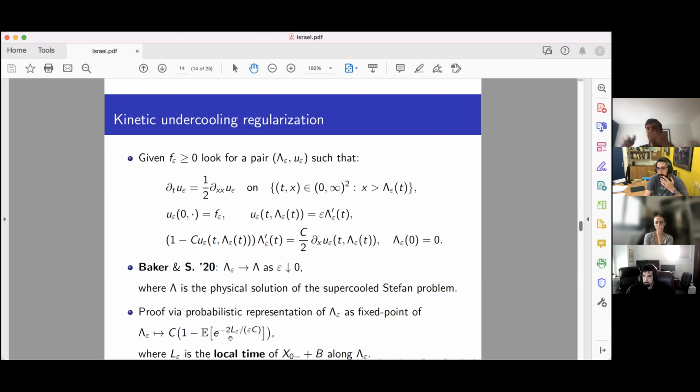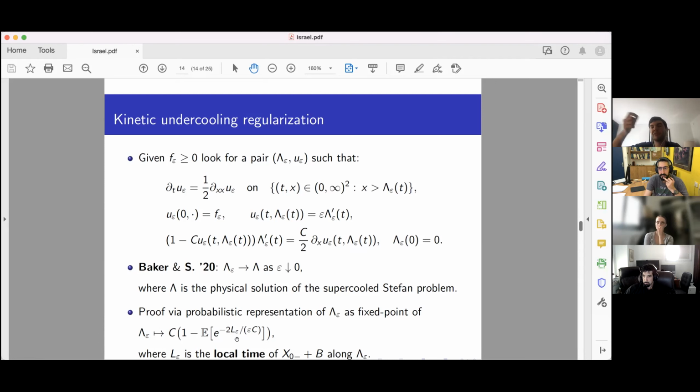Here, if you write the probabilistic formulation, you end up with a different fixed point problem. And lambda here will have to be related to the local time that a process X, like the one before, accumulates at the frontier.